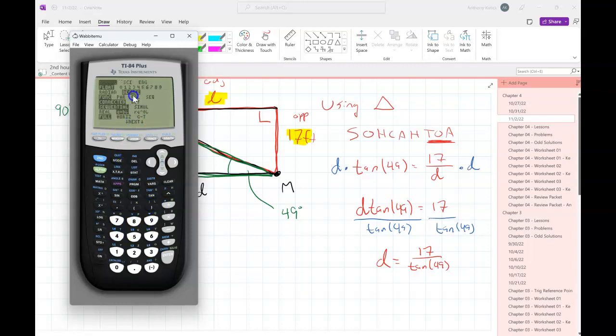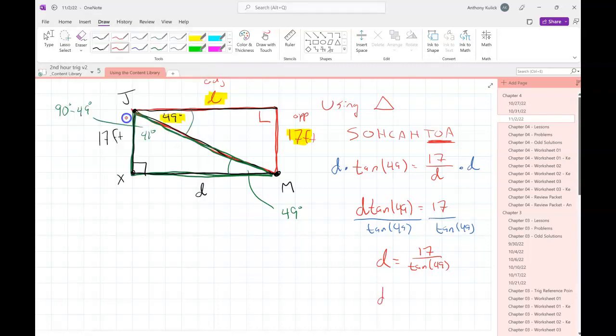Again, mode should be in degrees because the angles are in degrees. So I do that, I get 1478. What do you guys think? That's the gist of it.